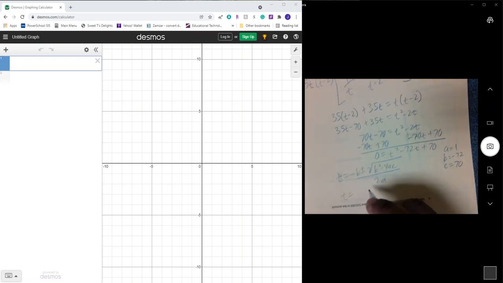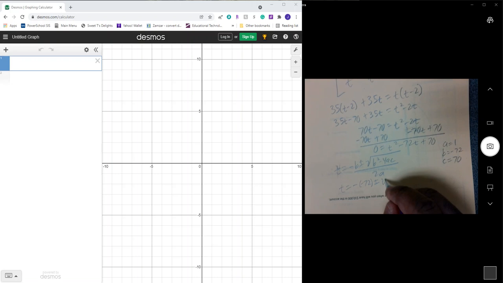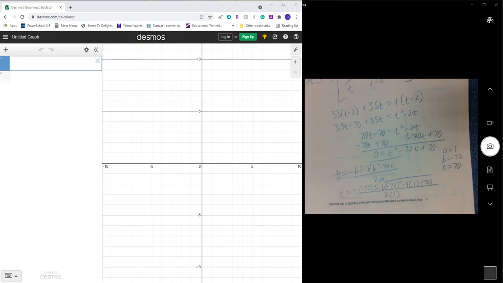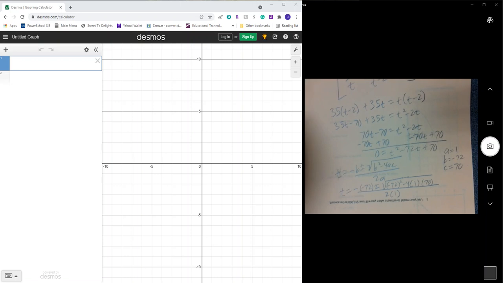So we have t is equal to the opposite of negative 72 plus or minus the square root of negative 72 squared minus 4 times 1 times 70 all over 2 times 1. Now I'm going to have to take this over to another page.